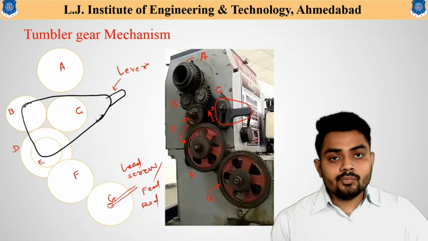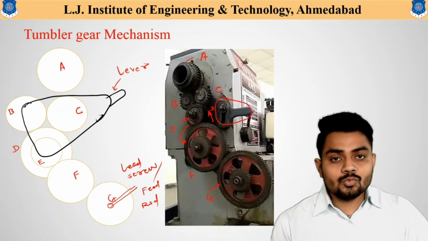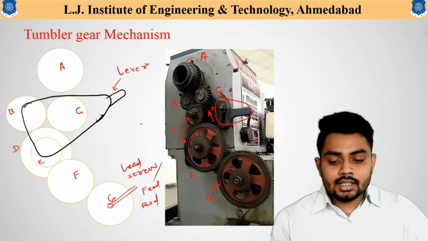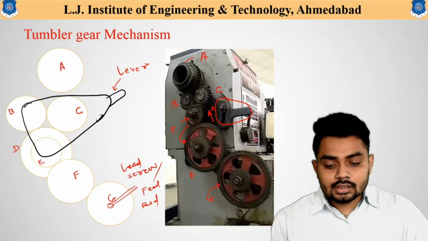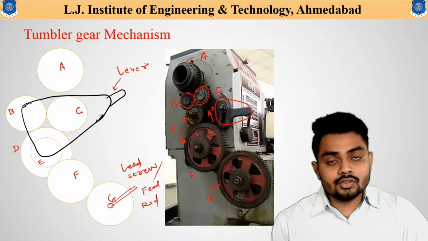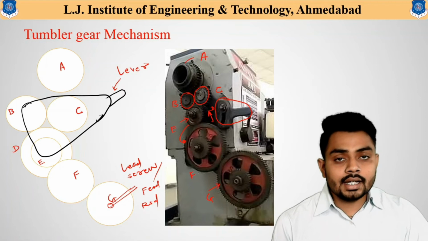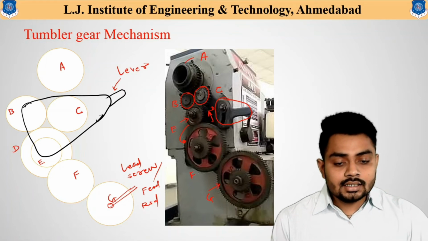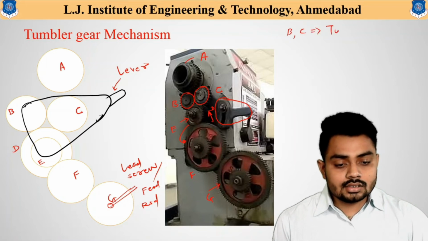So from the main spindle portion to the lead screw or the feed rod, the automated movement is given using this entire gear assembly. Here, gear B and gear C are useful for engaging and disengaging conditions, and that's why these two gears, B and C, are called the tumbler gears.